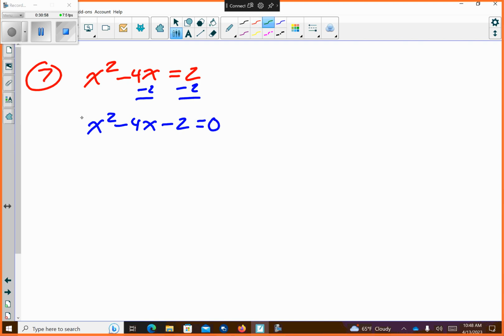You can try our little trick saying, okay, if I multiply negative 2 times 1, I get negative 2. That means I have 1 positive, 1 negative. 1 and 2 are my only factors. Is there any way that I can add 1 and 2 together where 1's positive, 1's negative, that 1 and 2 would give me negative 4? No. So what do you have to do?